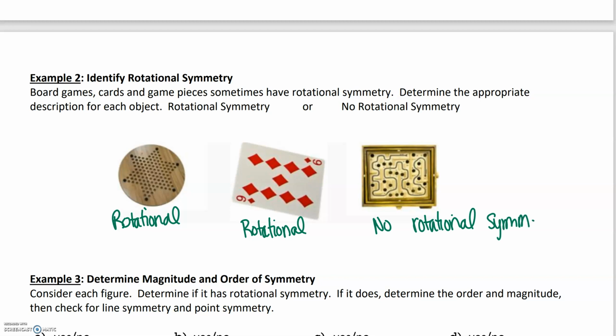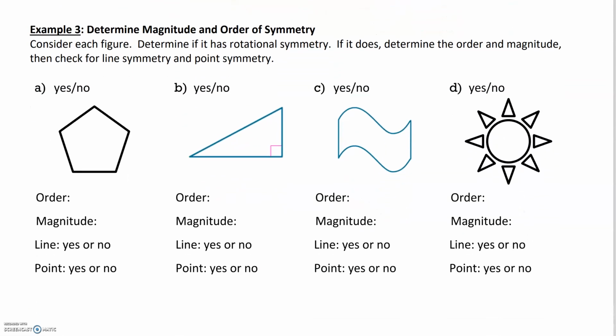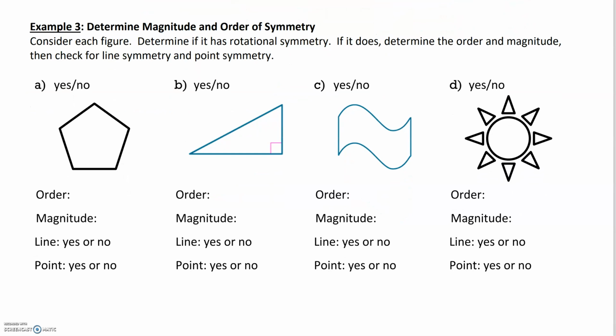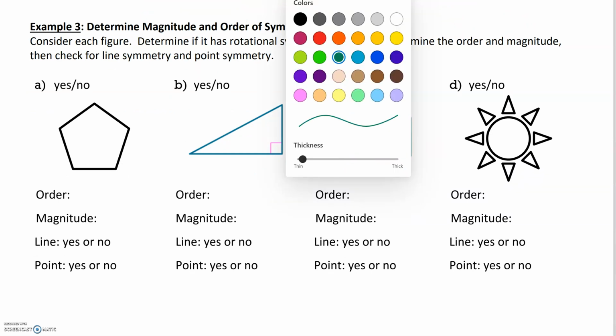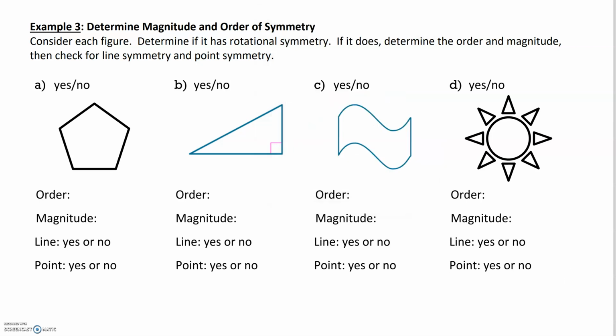All right, on our last 4 examples here, we're going to identify all of those parts: line, rotational, and then do our order and magnitude we talked about on the previous page. So does this have rotational symmetry? That is our first question: could you rotate this?